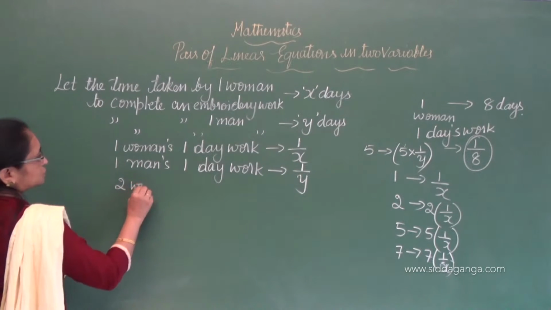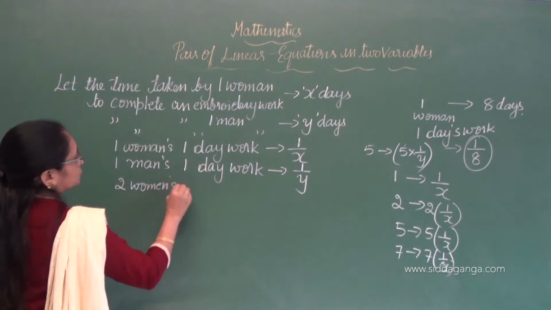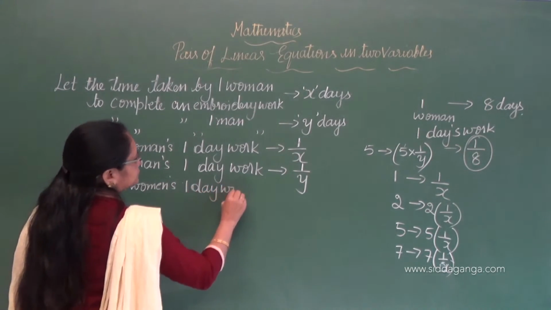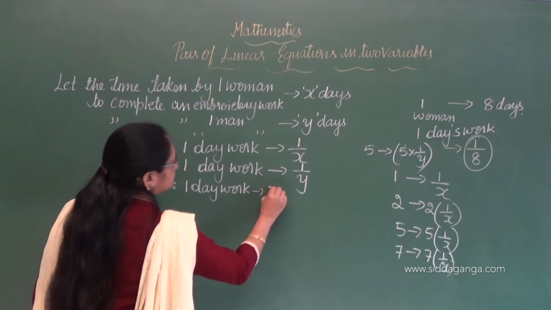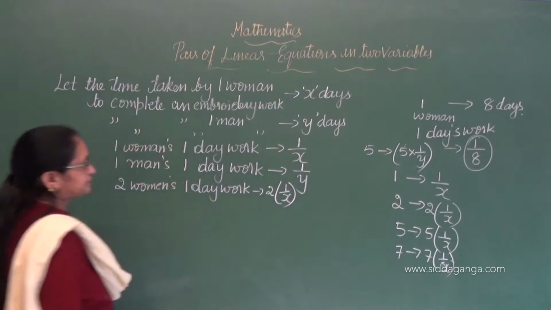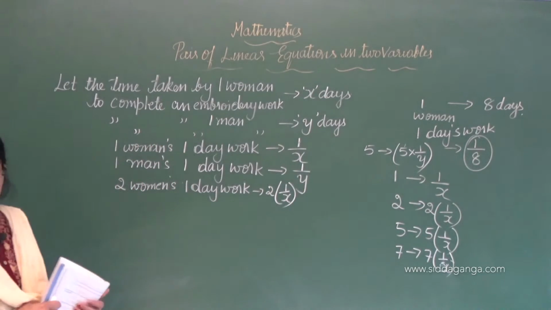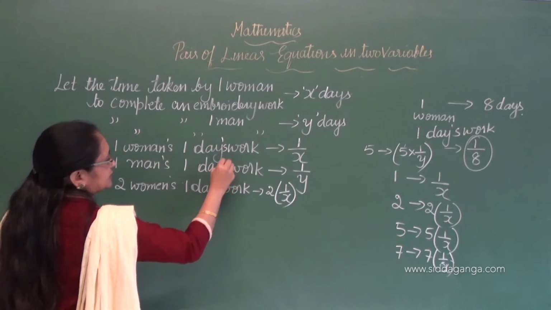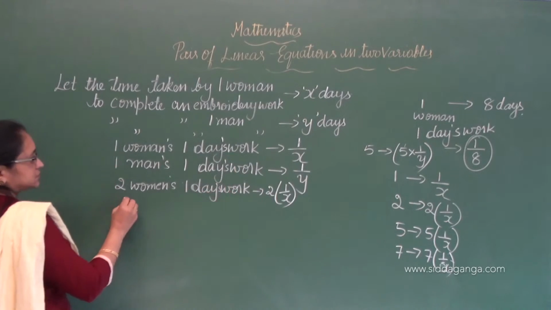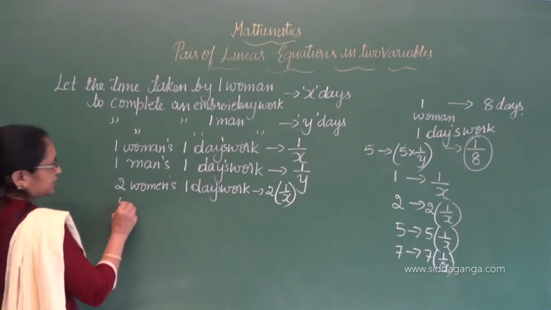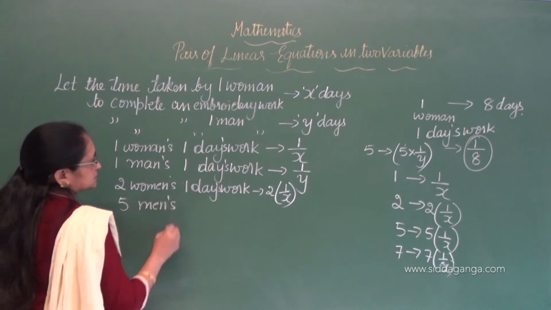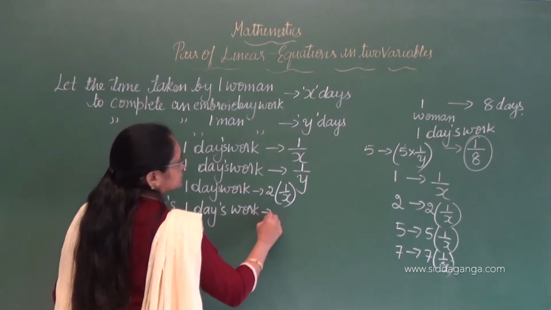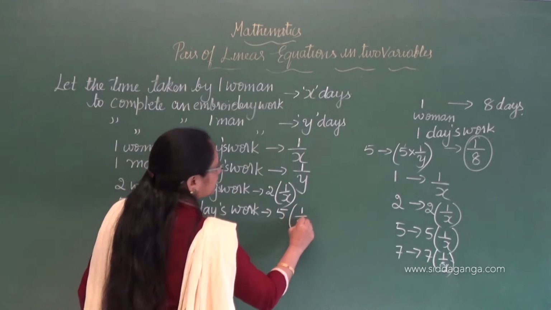Next, 2 women's 1 day work will be 2 into 1 by X. Then 5 men's 1 day's work, how much? 5 into 1 by Y.